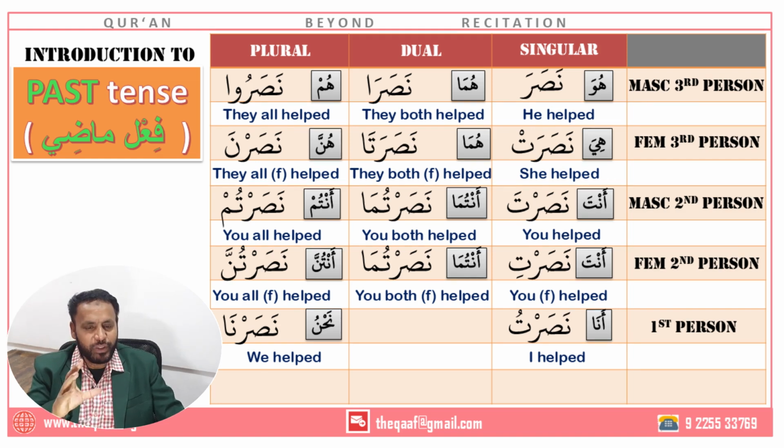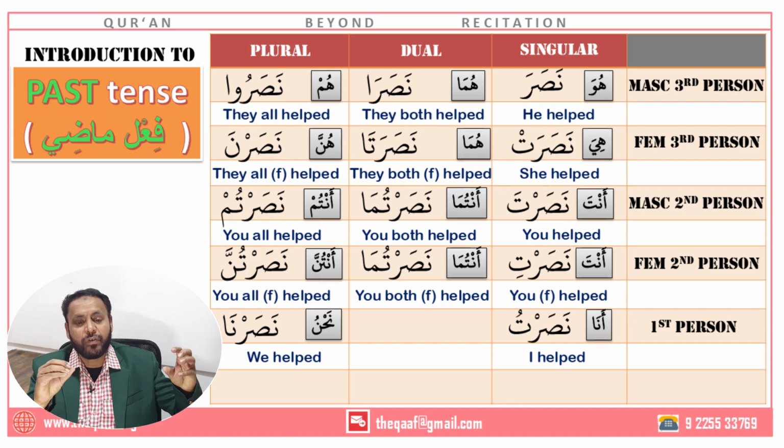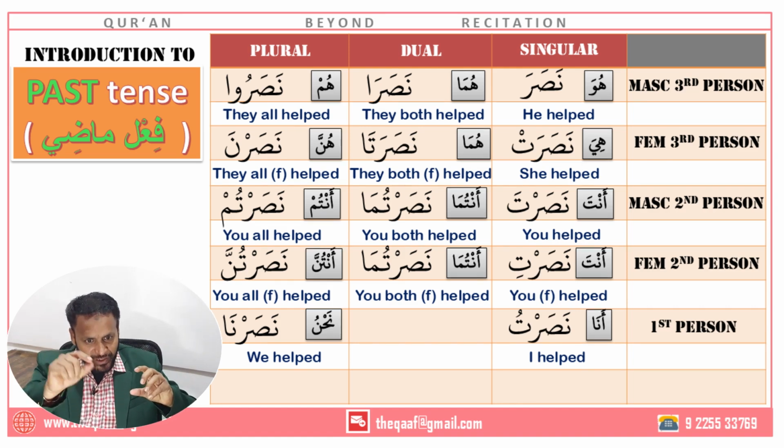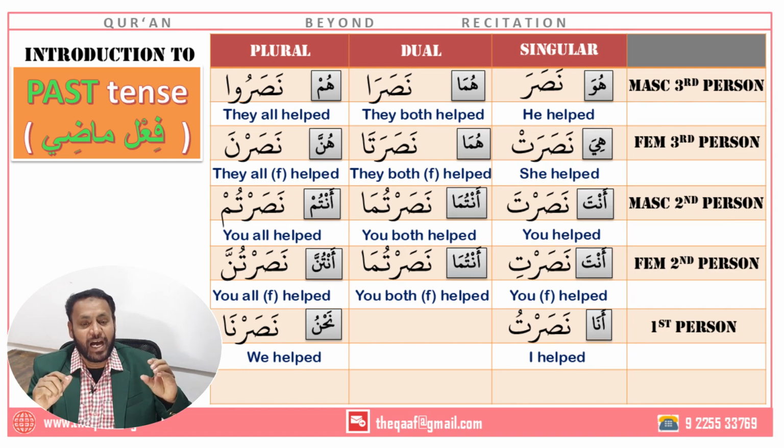So all you have to do is take this base word, which is Nasar, the base part, and add the ending of the pronouns at this specific location. So in the next location, the pronoun was Anta. So I'm going to take the ta part of it and the beginning of this past tense verb, which is Nasar. So when I fuse together Nasar and ta, I get Nasarta. That's the next word.